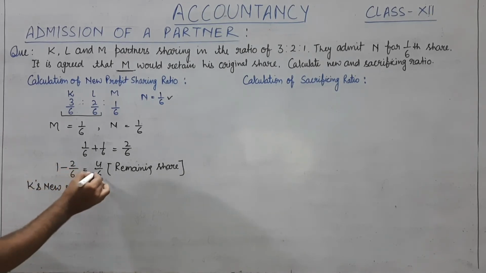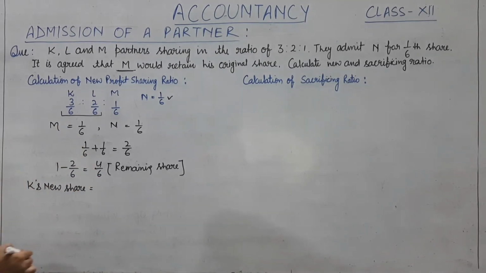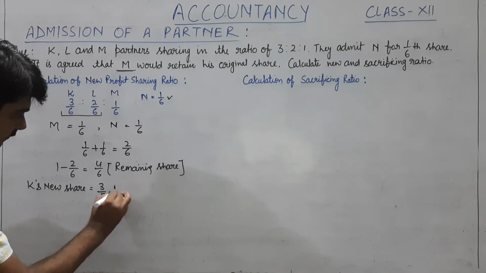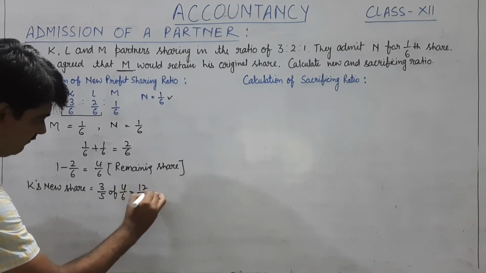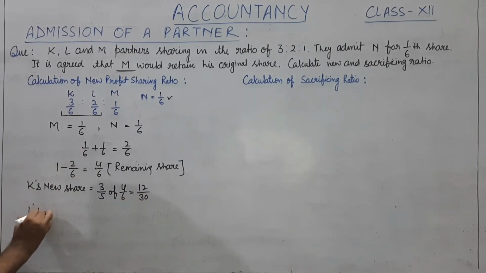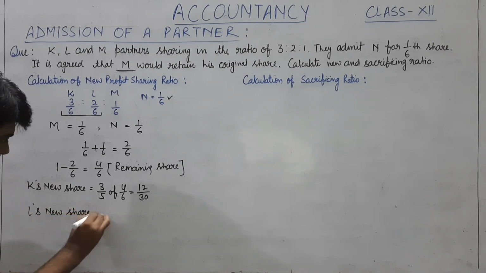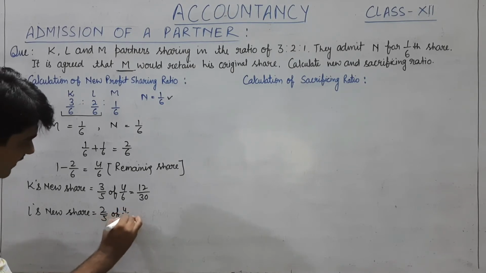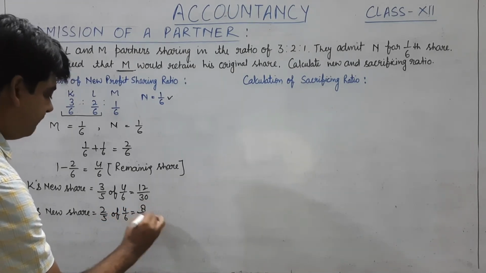So remaining share is 4/6. From 4/6 we have to give K's share and that is 3/5 of 4/6. So it will be 12/30 and now we will calculate L's new share, that is 2/5 of 4/6, it will be 8/30.